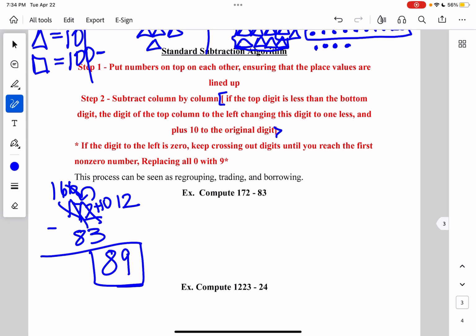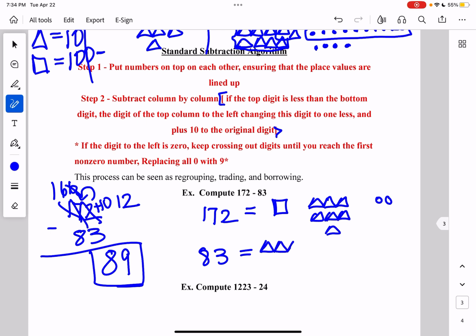If we want to use the bundles theory for this, we can say, okay, 172 equals 1 square, 7 triangles, and 2 circles, and then 83 equals no squares because there's no hundreds place, but 8 triangles and 3 circles.